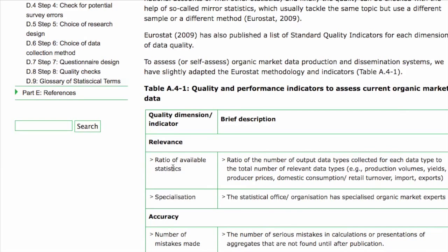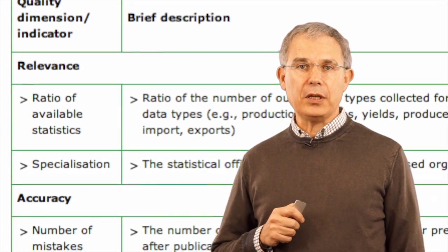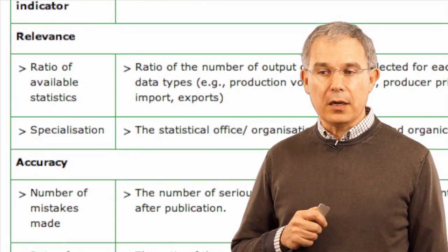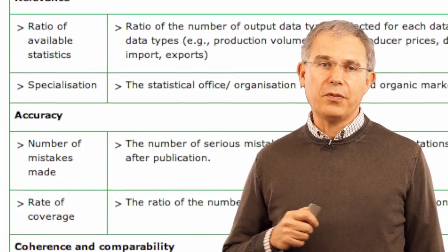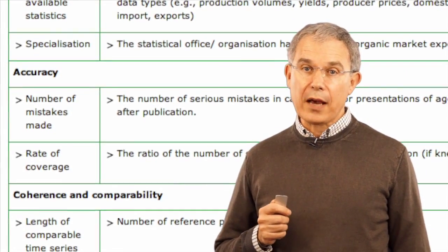The organic market data can be assessed according to the different dimensions of data quality which are listed in our code of practice. These are relevance of data. Data should be relevant for the sector. If they're not relevant, of course, the data will not be useful. Data should be accurate.